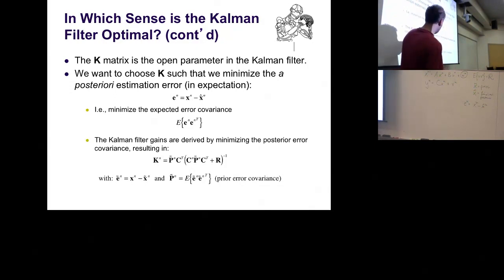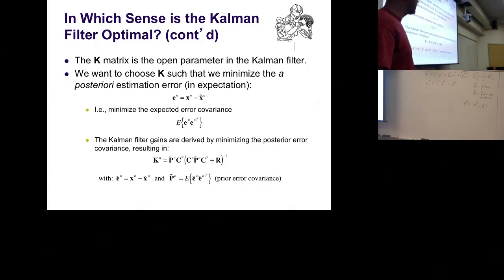And P squiggle is the prior of the error covariance matrix. That becomes similar to the P we saw in LQR, which was kind of the value function of the system. But this is just summarizing what's going to happen, and I'll try to derive it a little bit. Not too much, but enough so that it's clearer what's happening.